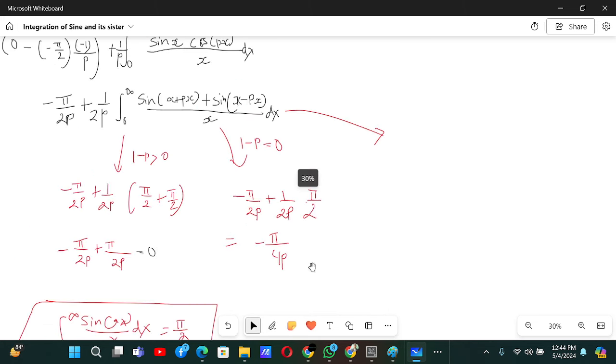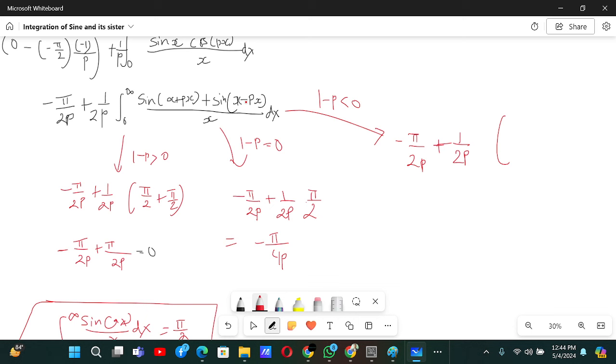And now last is when 1 minus p is greater than 0, sorry, less than 0. In that case, minus pi by 2p plus 1 by 2p. Now here we will have basically pi by 2 minus pi by 2. So the answer will just be minus pi by 2p.